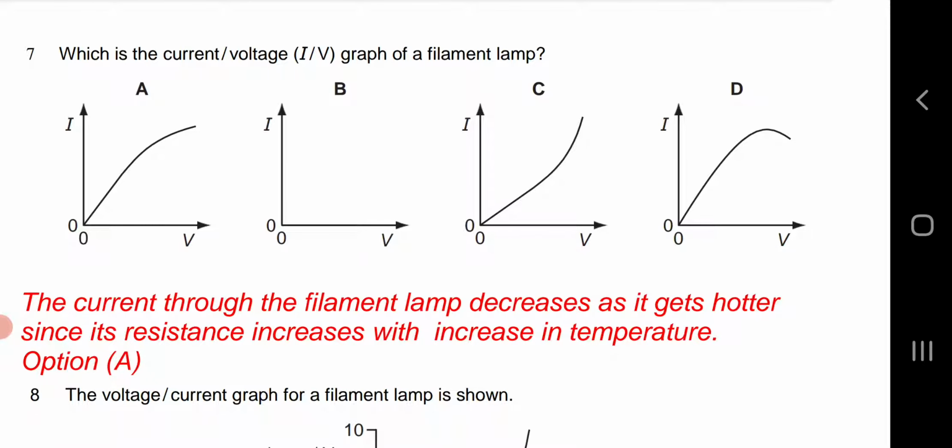Question number 7. Which is the current voltage IV graph of a filament lamp?